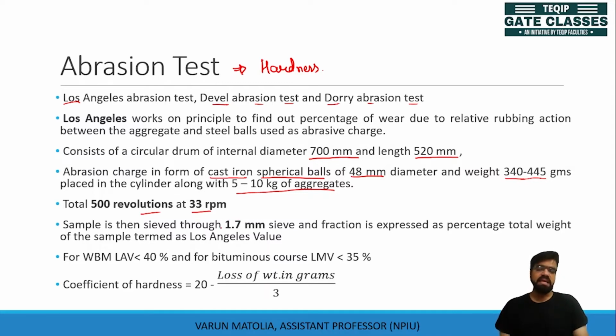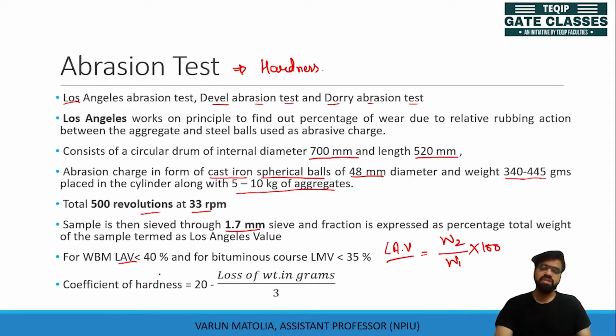The sample is then sieved with a 1.7 mm sieve, and the Los Angeles abrasion value is calculated as the weight of material passing through the 1.7 mm sieve to the initial weight, into 100. So this is the Los Angeles abrasion value.